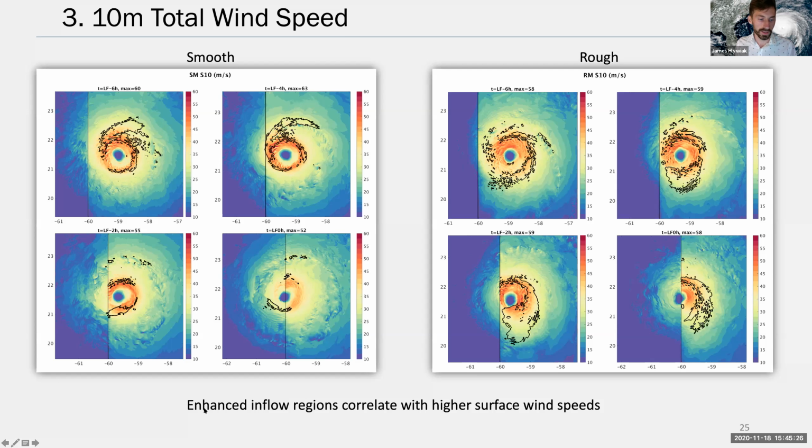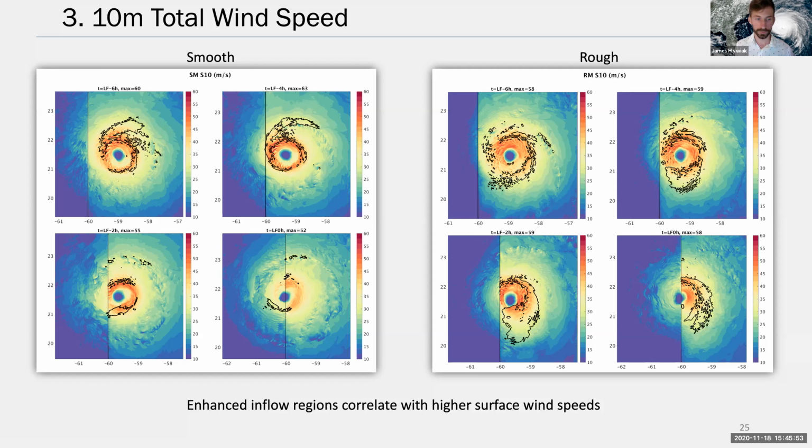So this indicates that enhanced inflow regions correlate with higher surface wind speeds, as we see that as the storms approach landfall, the wind speeds offshore, not only the maximum wind speed but the broader wind field, also remain strong.